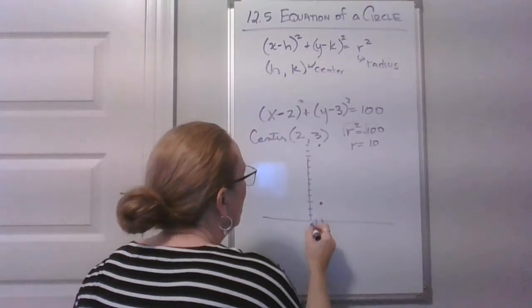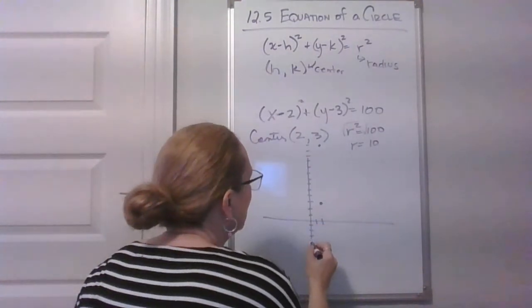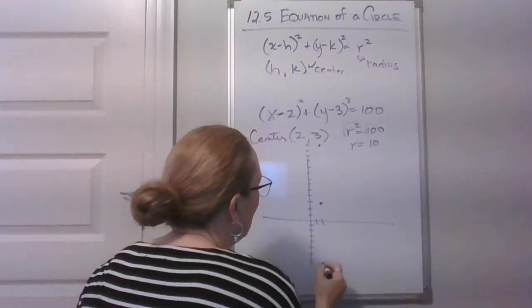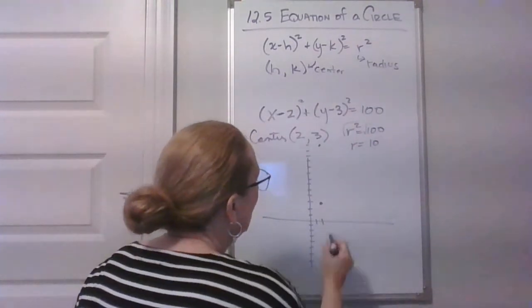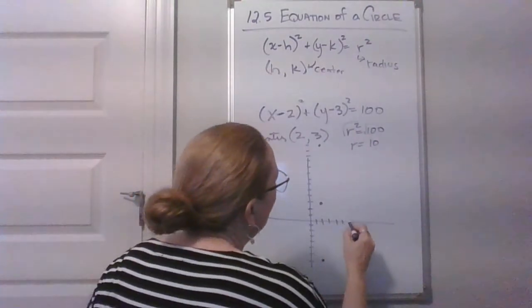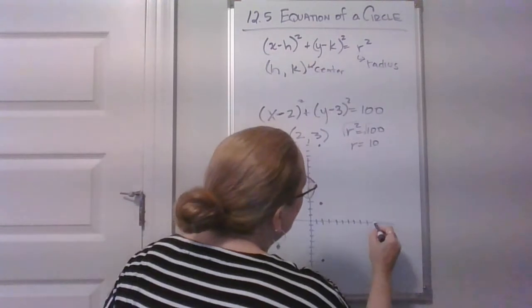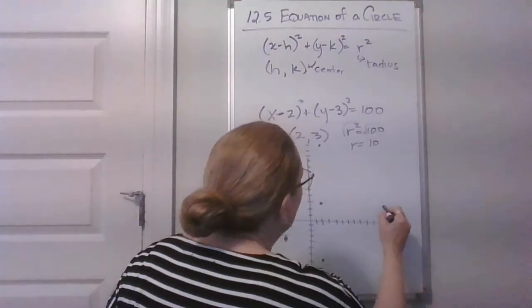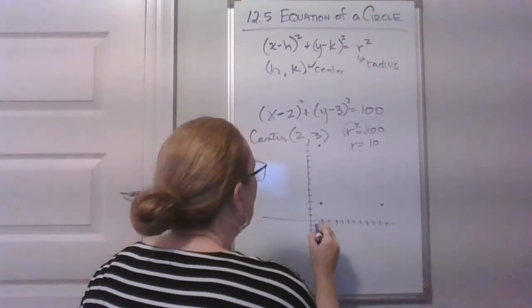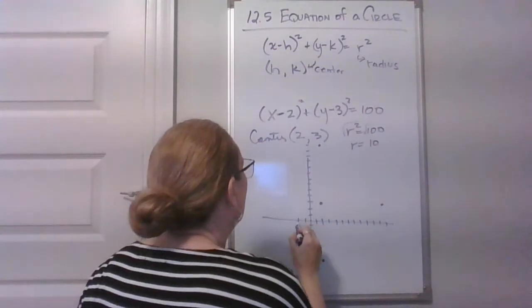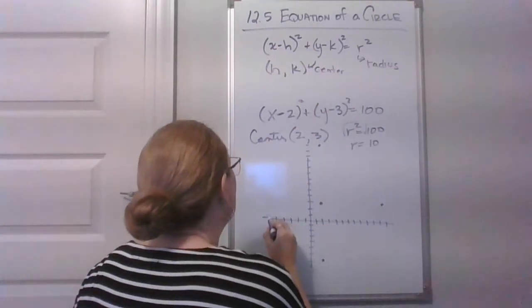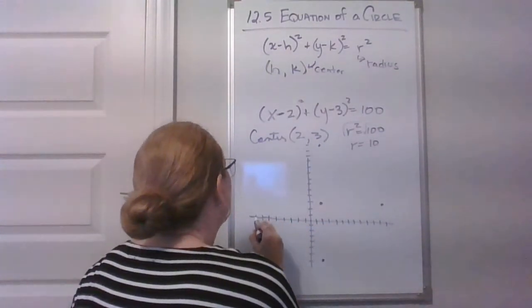Then 10 below, 10 off to that side, and 10 on the other side.